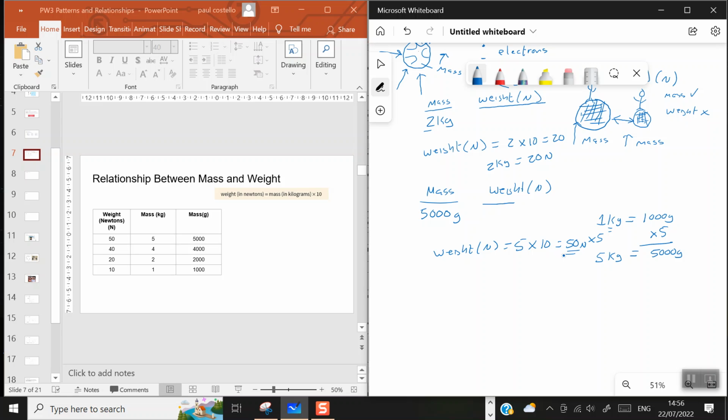So we can say that 5,000 grams is equal to 50 newtons in weight, or has a force of 50 newtons on the earth. So that is the relationship between mass and weight, and how to convert mass into weight in newtons, and you can also use it to go the other way as well.